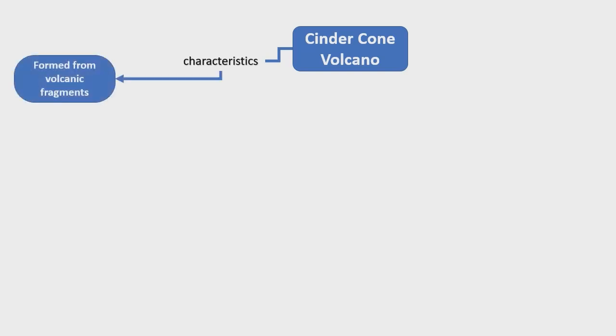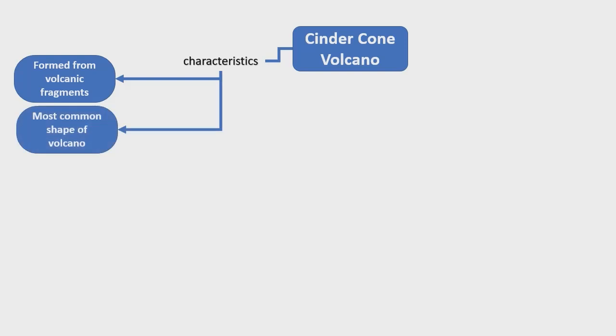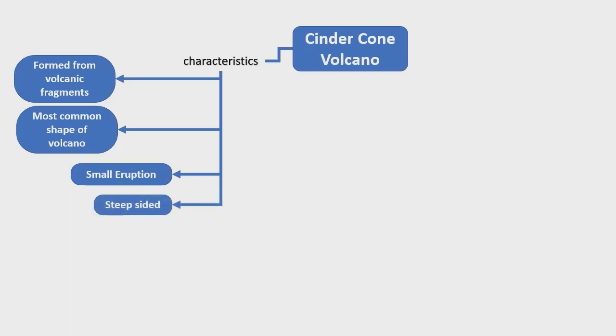Cinder cone volcano. The characteristics of a cinder cone volcano are the following. This type of volcano is formed from volcanic fragments, is the most common shape of volcano in the world, and has a small eruption because although it is a steep-sided volcano, it is actually not very tall.